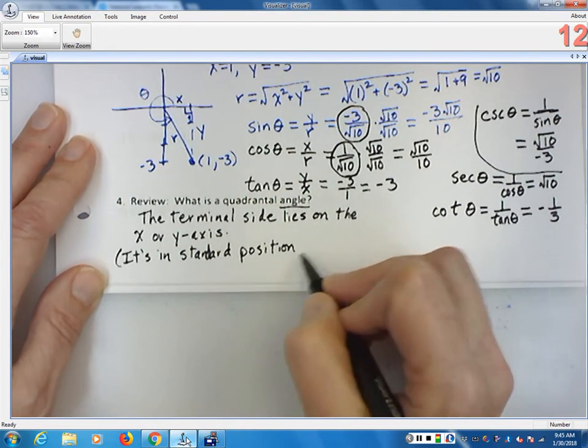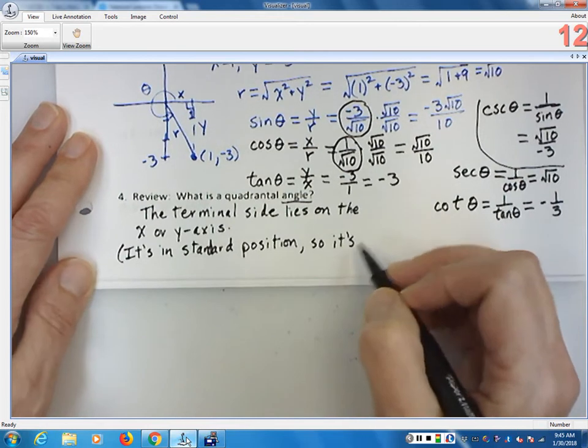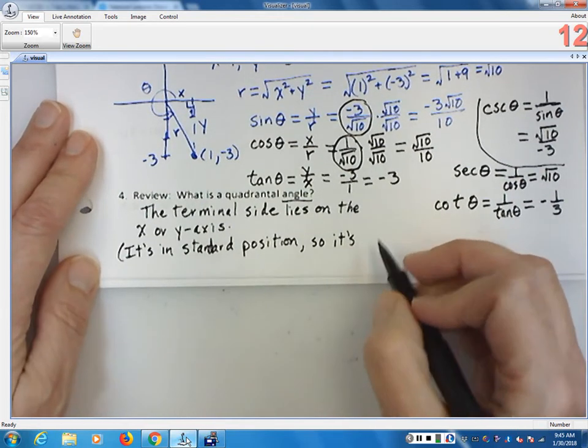So its initial side lies where? X-axis. Right, the positive x-axis.